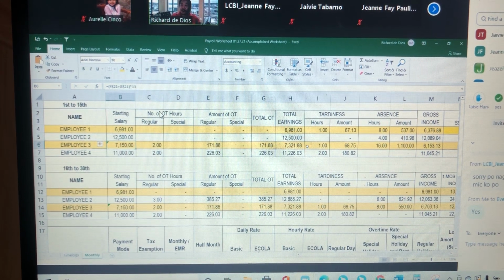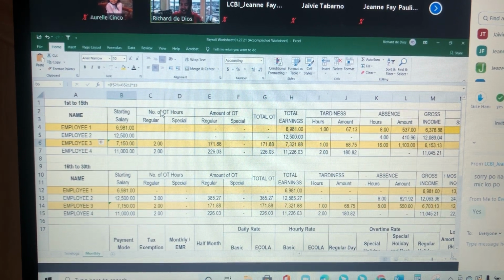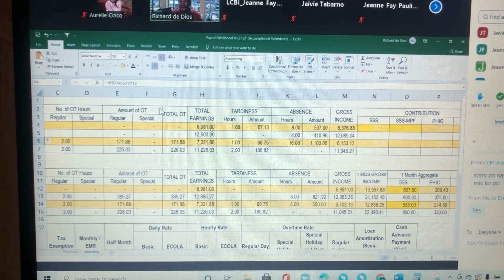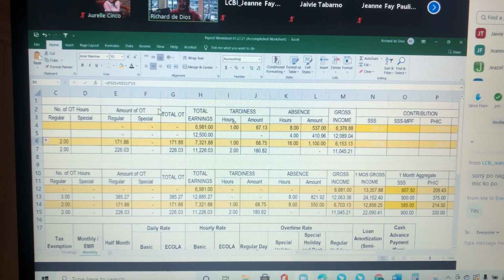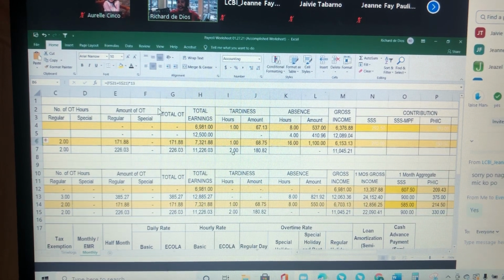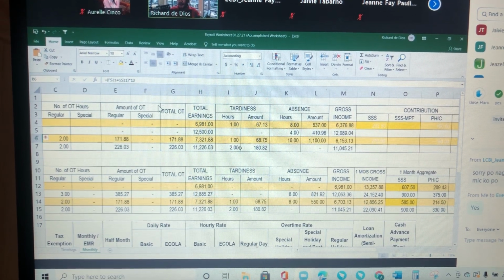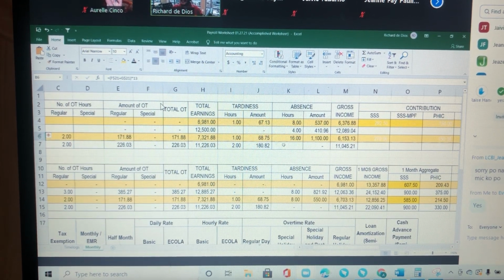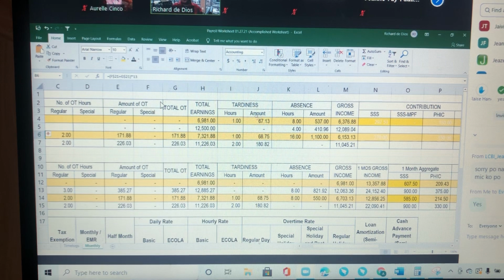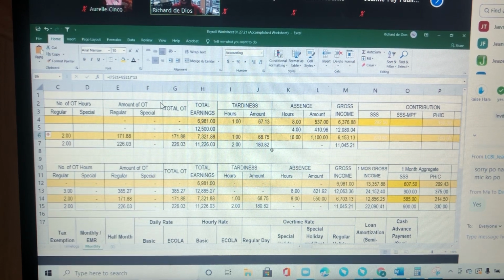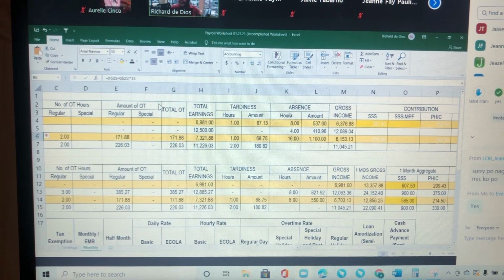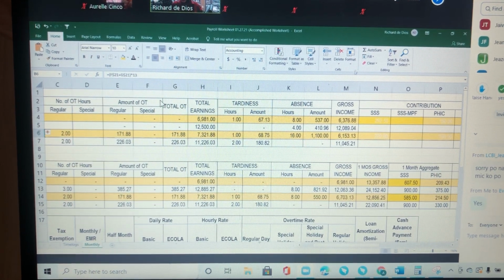So now, once you have your total earnings, you compute for tardiness and you compute for absences. So you get the amount. Then you subtract. Total earnings less tardiness and absences equals gross income.